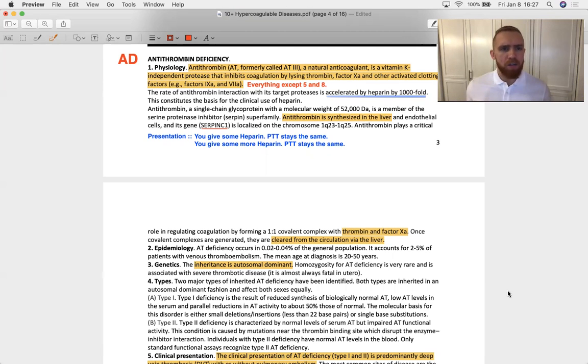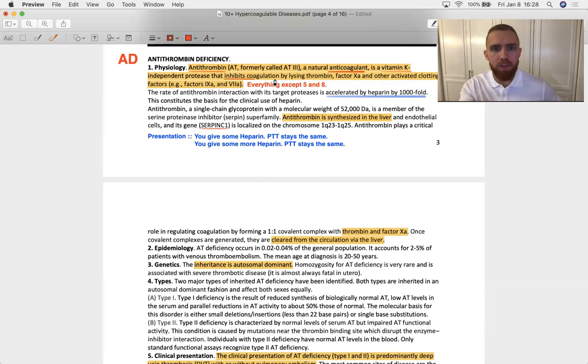Now, this is an autosomal dominant disease, meaning you just need 1 out of 2 potential alleles to have the deficiency or have the disease. I would also like to point out that antithrombin does a lot of work. It's an anticoagulant. It's vitamin K independent, so warfarin doesn't work on it.